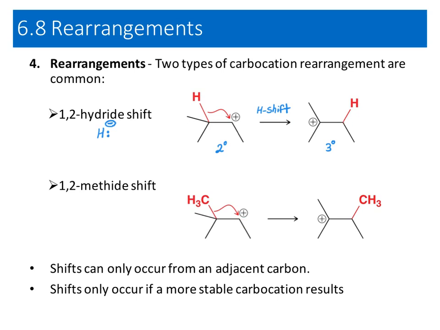However, this carbon lost electrons, therefore it becomes positive. So this process is happening to form the more stable carbocation. The next rearrangement is 1,2-methide shift, or what we call methyl shift. So here, instead of hydride, methyl group migrates to the positively charged carbon.